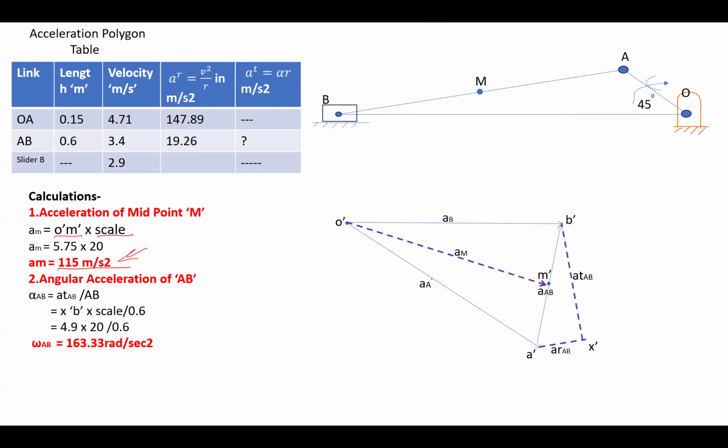Now to find the angular acceleration alpha of AB, you have to measure the vector x dash b dash. X dash b dash is your tangential component of AB. So the tangential component of AB is given by the x dash b dash measurement multiplied by the scale. So you will get a_t AB from here, in meters per second square.